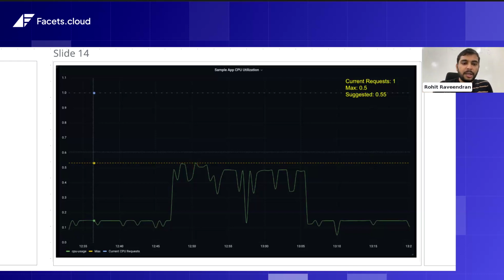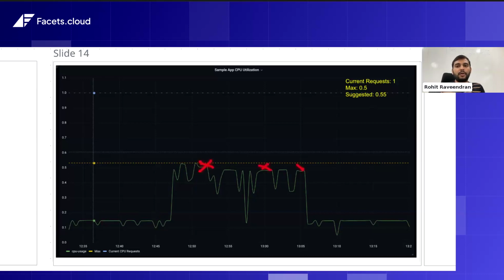Now that being said, even when we are setting the request to this sort of a line, this particular application has what I call a seasonal trend, right? The utilization was steady initially around this 0.15 mark, and then for a period of time it had elevated utilization of around half a core, and then it comes back down.